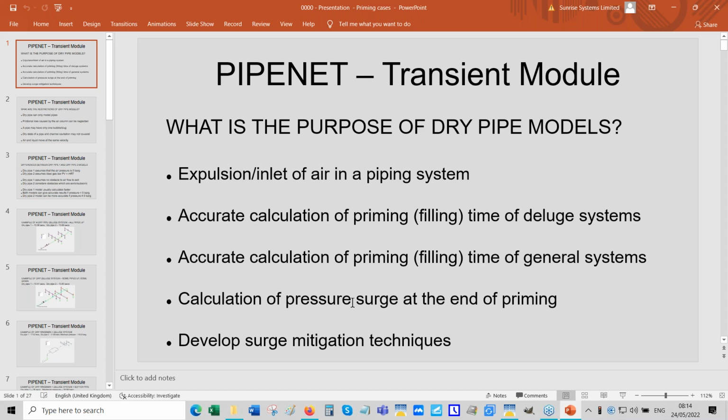And as you know from the earlier webinars, if there is a sudden change in the momentum, that will lead to a pressure surge. So the last nozzle could potentially lead to pressure surge. And we'll have a look to see how we can mitigate against that. And that is what this is about. It's very, very simple mitigation techniques.